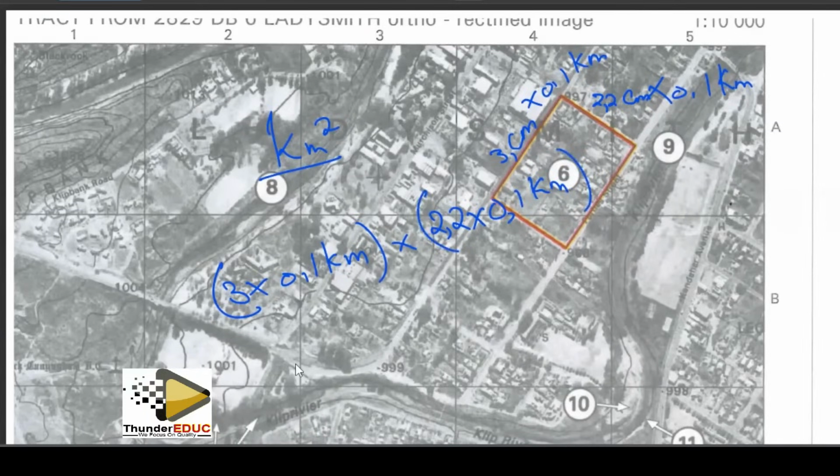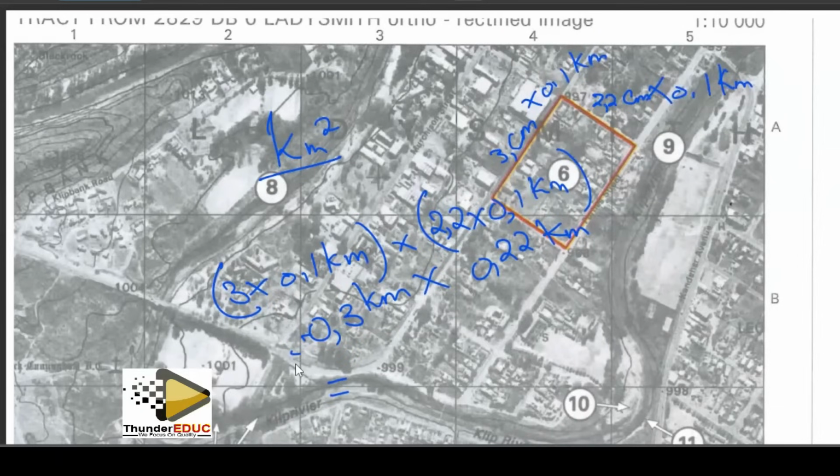So what are we going to get? 0.1 times 3, we get 0.3 kilometers. 2.2 times 0.1 gives us 0.22 kilometers.